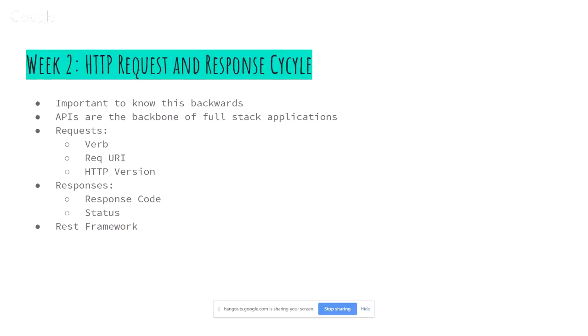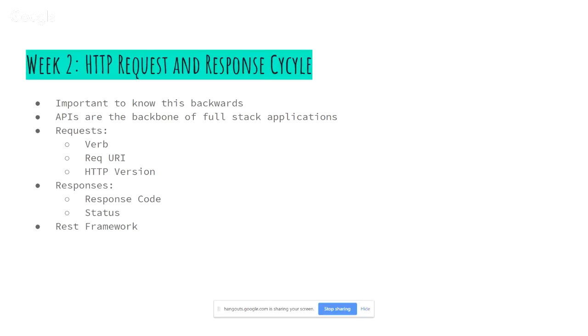Examples of both requests and responses: if you're making a request, you'd possibly have a GET request, maybe a POST request, maybe a PUT, and then the URI. For example, if it was a POST request and it was a form that you filled in, the URI would be your application's address or location of the form that was being filled in.